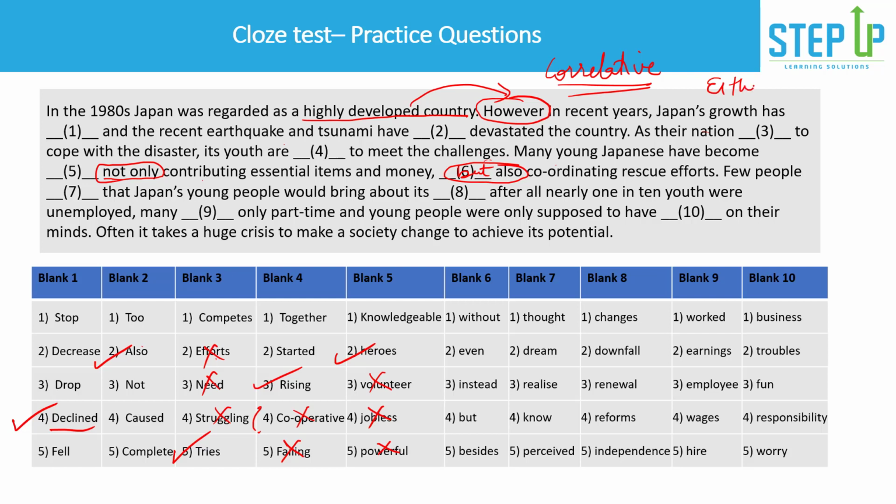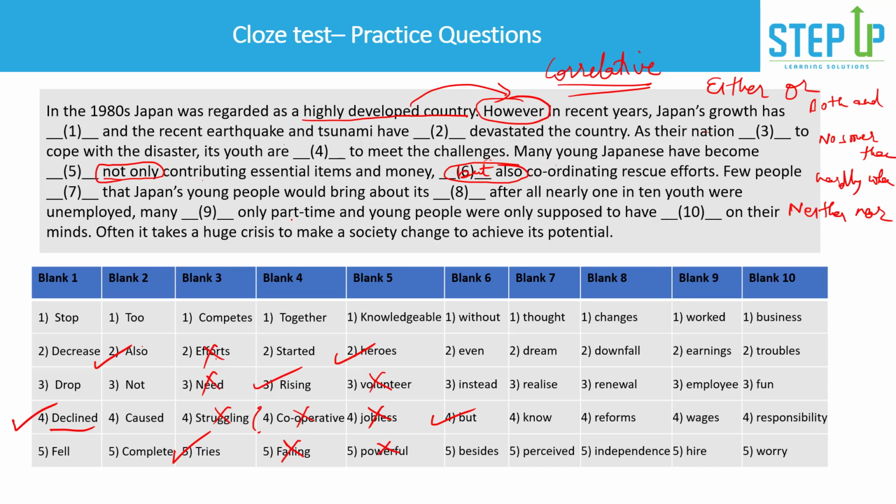For example, you have either or, both x and y, no sooner than, hardly when. So this is the case of correlative conjunctions, right? Neither nor. Some of these conjunctions always go together. So here it was a grammar thingy: not only, so here it has to be but also, no other option, right? So this is the option.